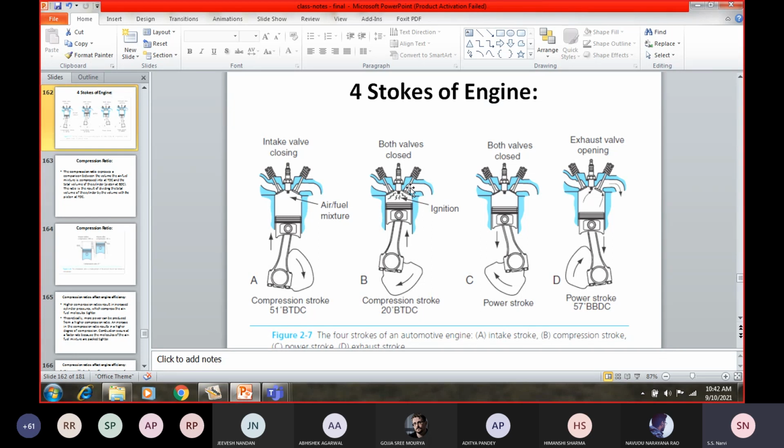That is, your compression ratio can be achieved to the maximum, and therefore the efficiency will be maximum, because the efficiency of the engine depends upon the maximum displacement which can occur.